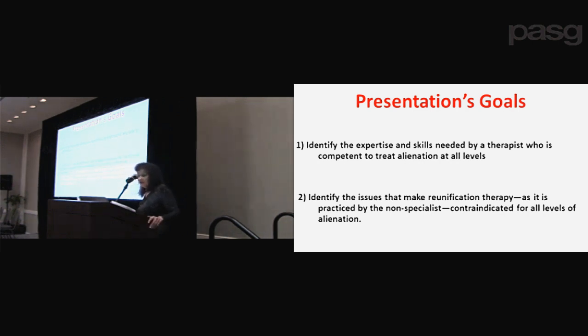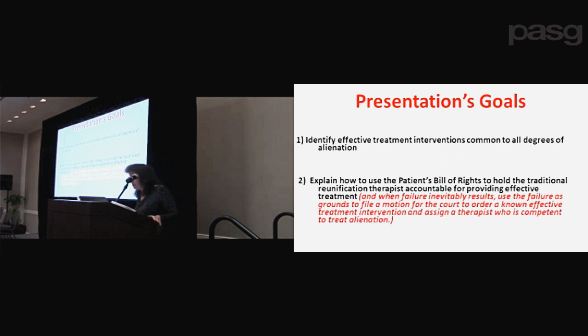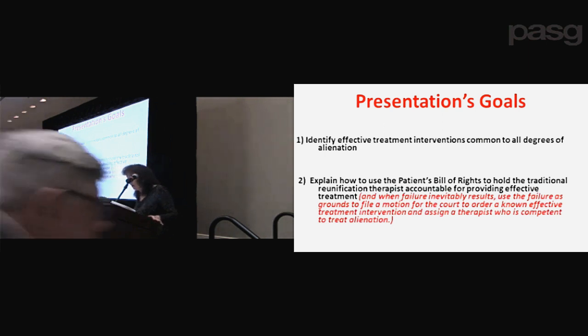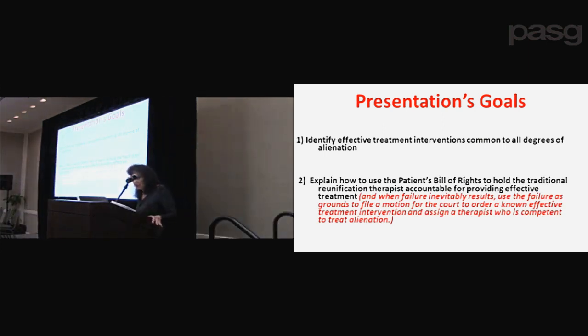I want to identify what effective treatment is for all levels of alienation, and then demonstrate how you can use your patient bill of rights, which no therapist ever shares with you, by the way, from my experience, to hold the therapist accountable for appropriate intervention.